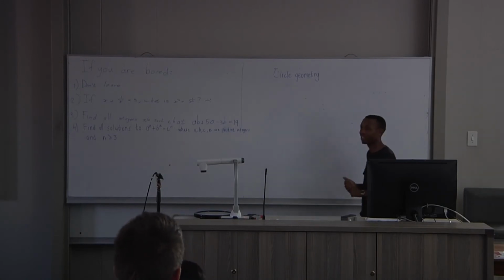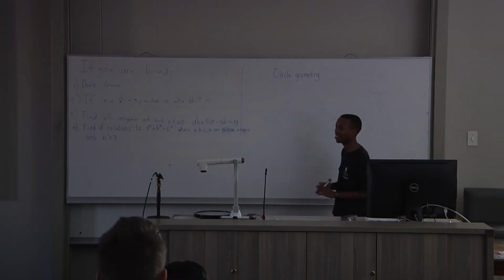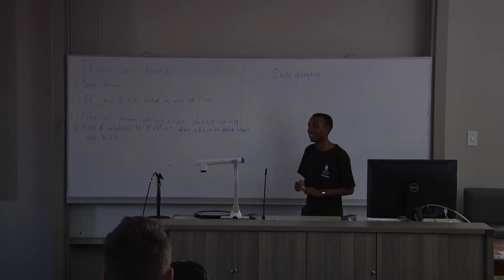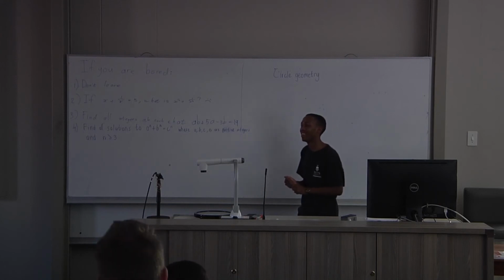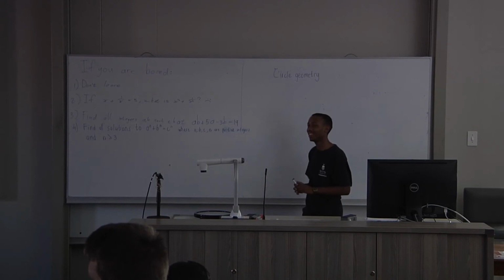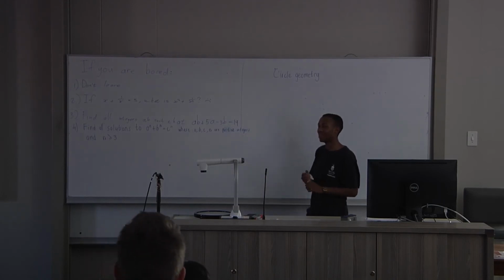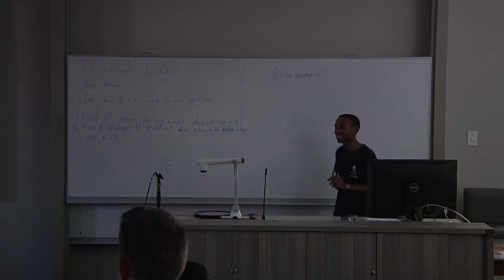Since you guys have done geometry, what's the definition of a circle? Something with an infinite amount of sides. Okay, close. I'm hearing infinite amount of points, infinite amount of sides.